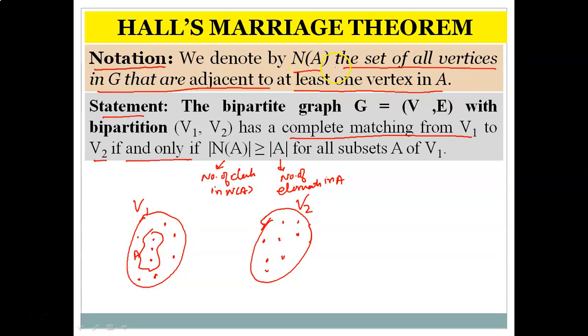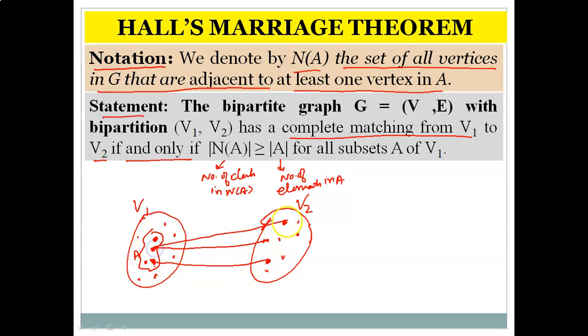Now just look at this. What is N(A)? N(A) is the set of all vertices in G that are adjacent to at least one vertex in A. Means if I say I'm putting it here and putting it here like this, so here I can say there are two vertices which are adjacent to at least one vertex in the whole graph G, because this is adjacent to this vertex.